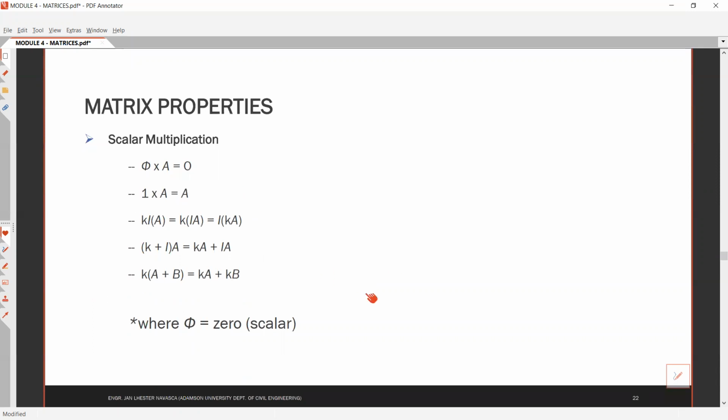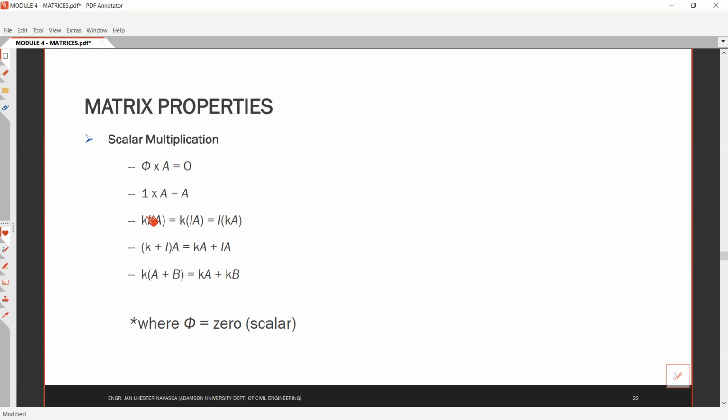Okay? Then for the scalar multiplication naman, for the scalar, okay, this one, pag zero scalar multiplied by any matrix is equals to the null matrix. Okay? A 1 multiplied by any matrix is equals to the matrix itself. Okay.